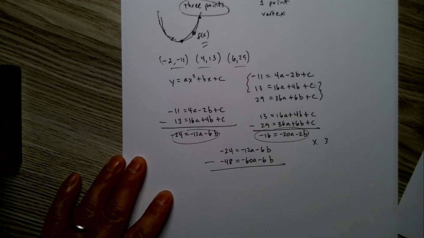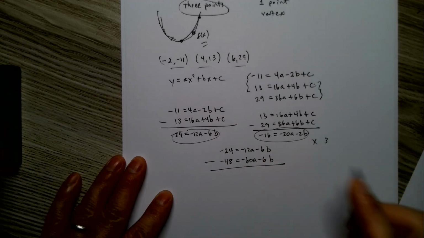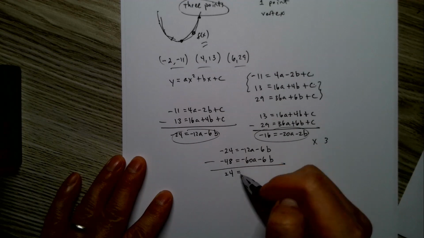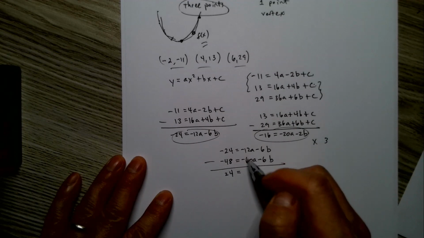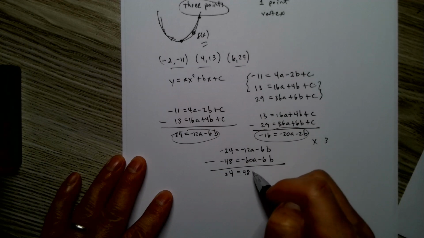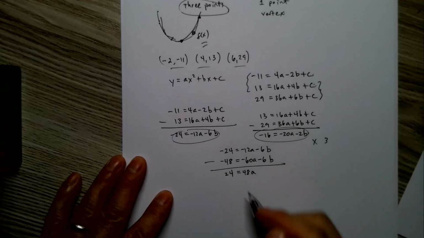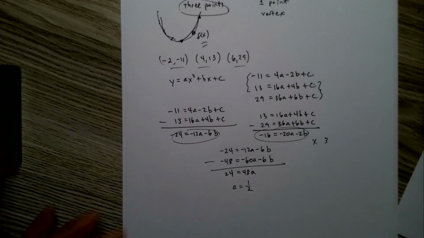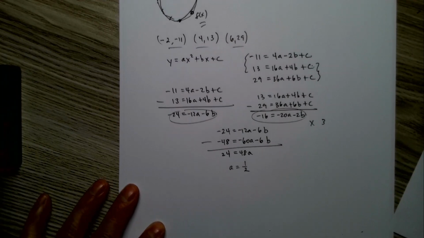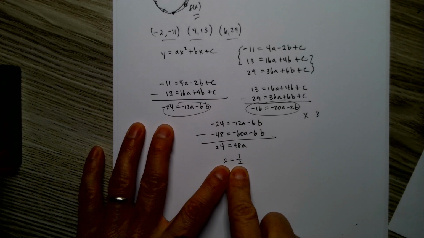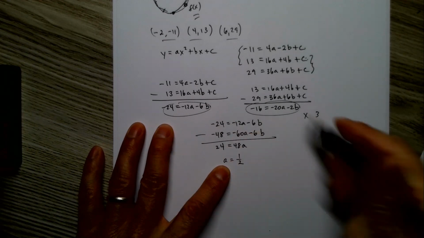And when I subtract, the b's are going to disappear. Let's see, this will give me 48a. So a equals 1/2. Okay, the hard part is done. I know a is 1/2, and now I can put 1/2 in here for a.